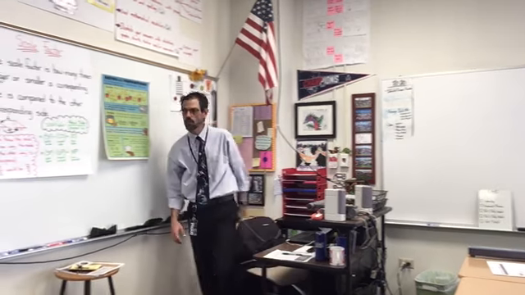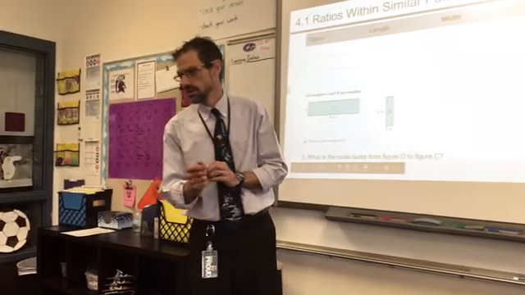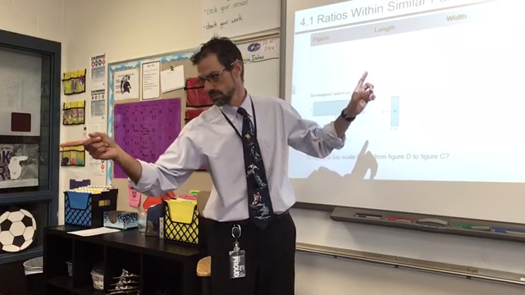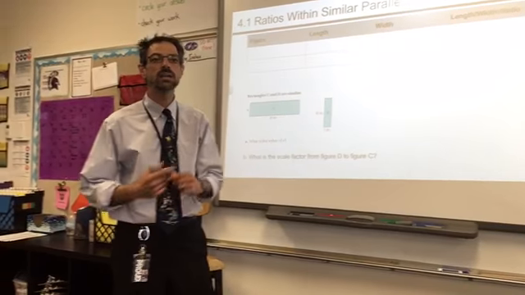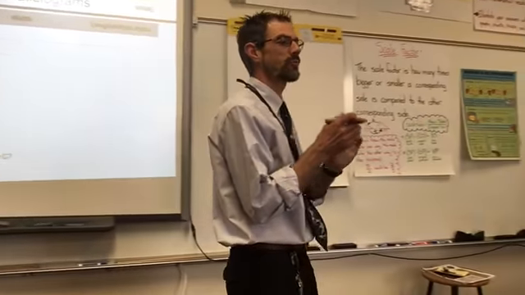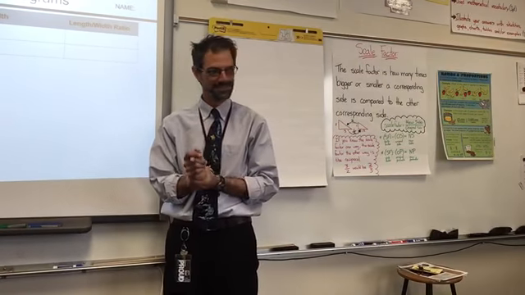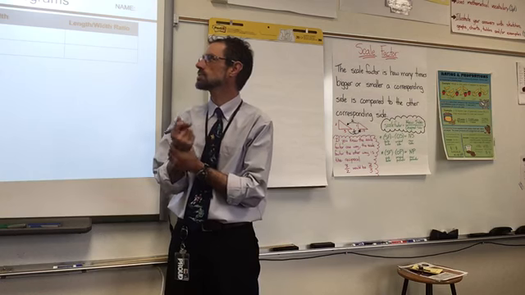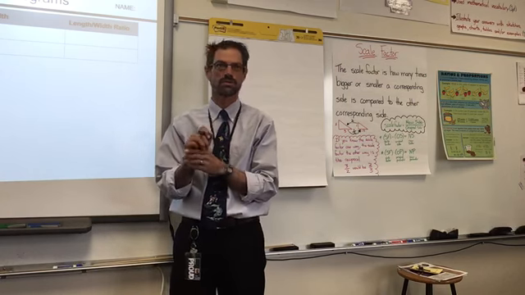Okay, 4.1. Yeah, okay. So, a ratio. We're talking about ratios. That was my I-10 statement. Lulu, 4.1 in front of you. Oh, I didn't see it was upside down. So ratios within similar parallelograms.